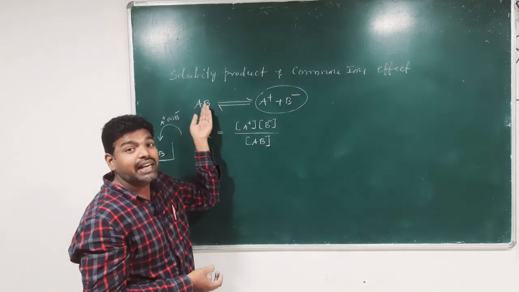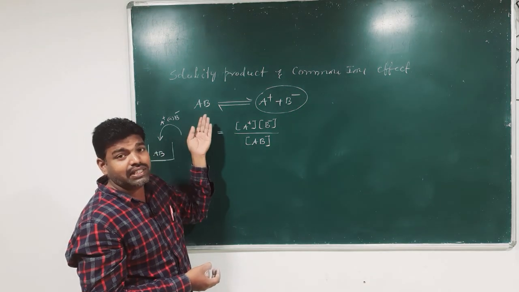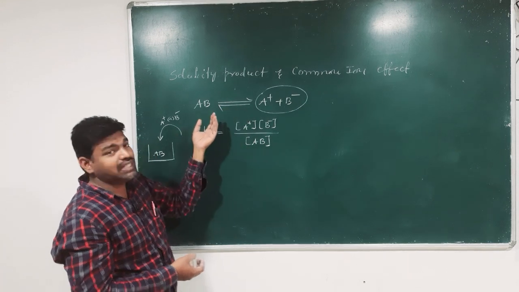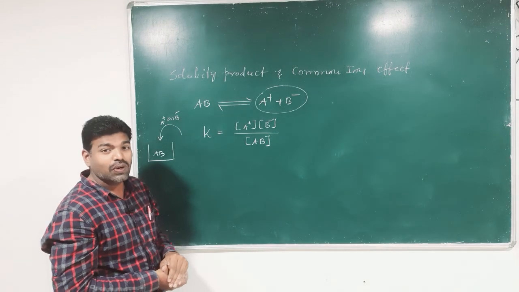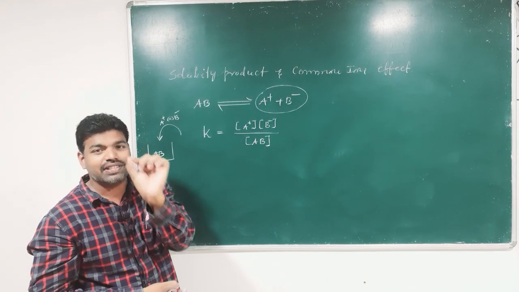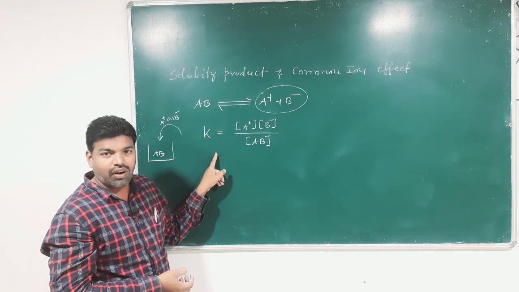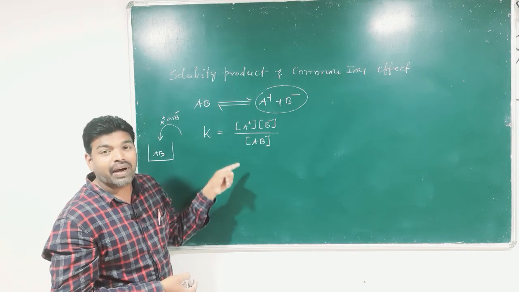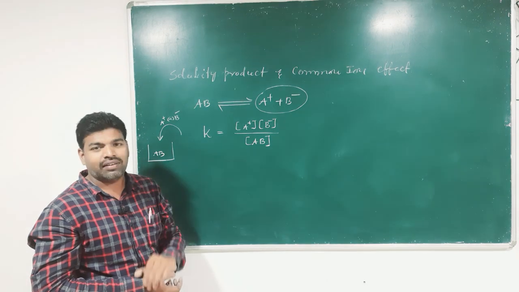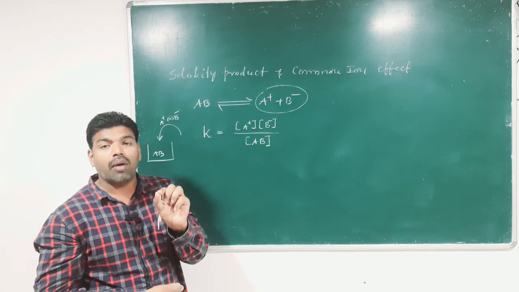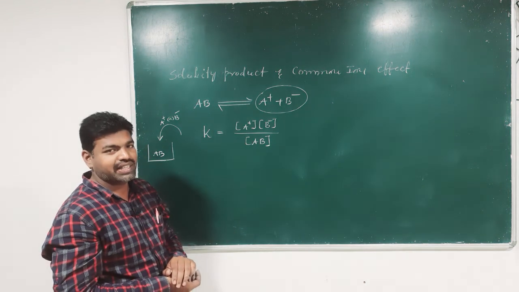That causes suppression in the ionization of the weak electrolyte. So common ion effect is nothing but the decrease in the dissociation of a weak electrolyte by adding another electrolyte containing a common ion. Okay, I hope you understand.